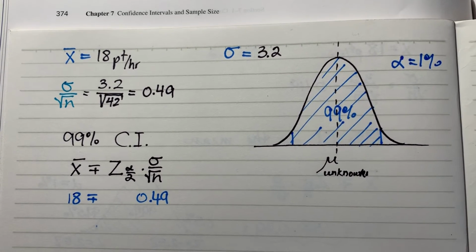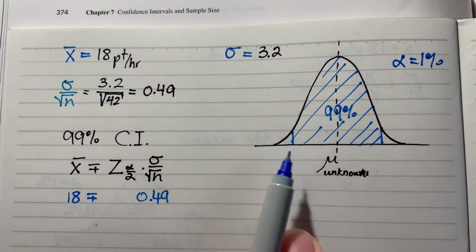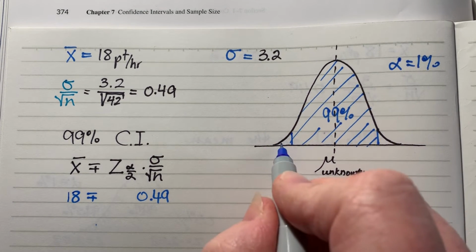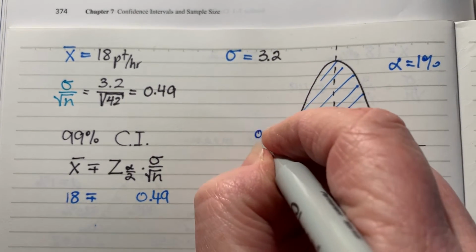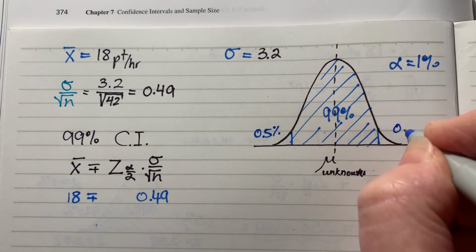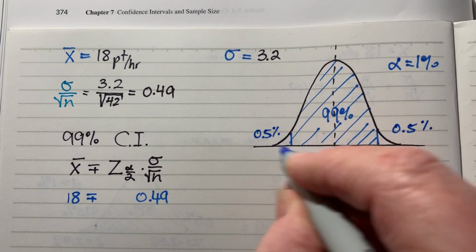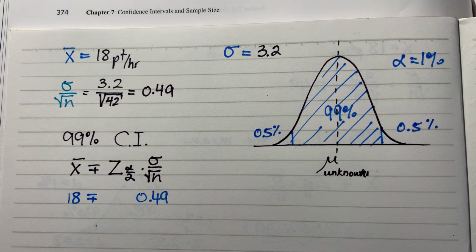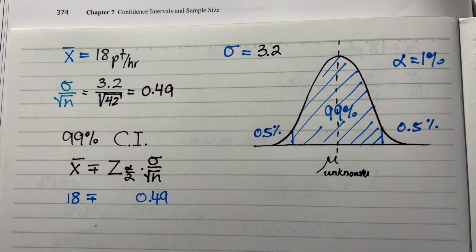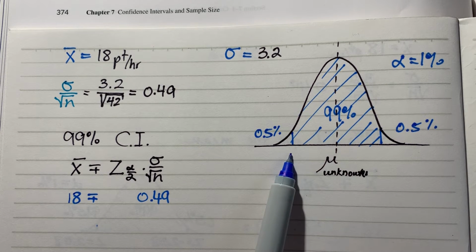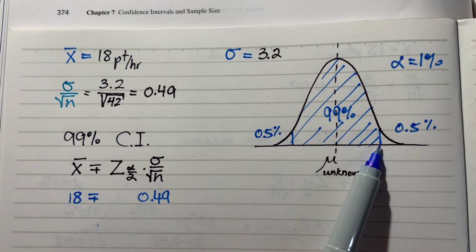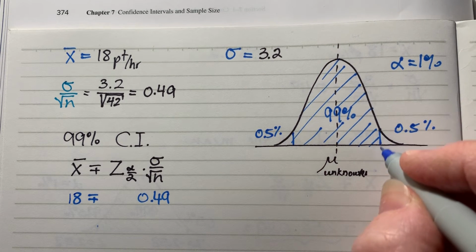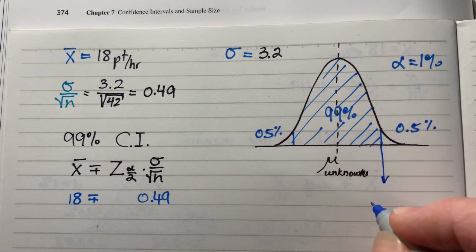If my alpha is 1%, I need to evenly split it between these 2 areas. So each one of these sides is going to get 0.5%. Now, if this is 0.5%, I would just look up 0.005 in the z-chart and see what z value it corresponds to. And on this side, I am going to look at 99.5%.